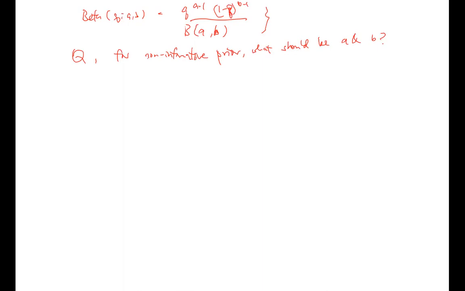So what should be your A and B? There are two parameters, A and B. You need to say both. What will be A and what will be B?